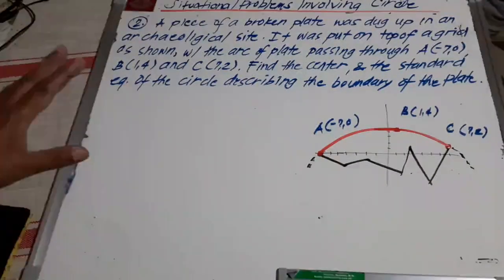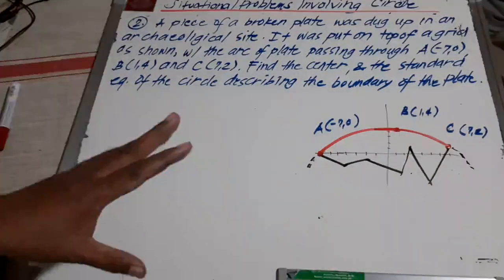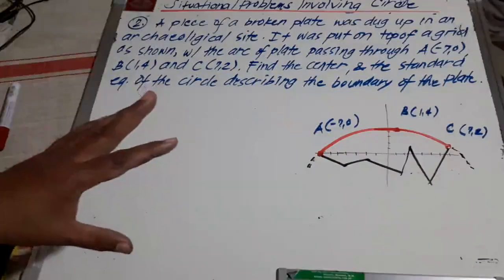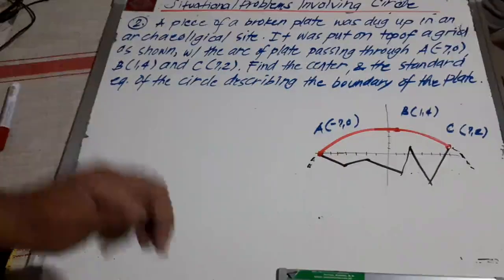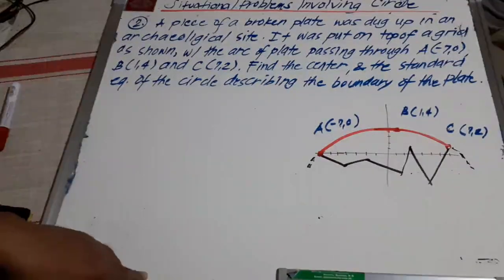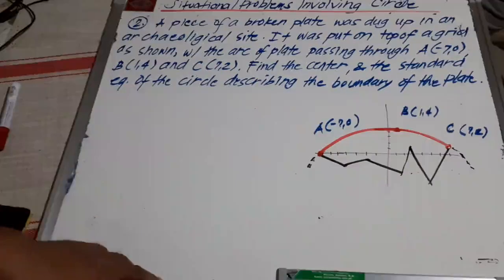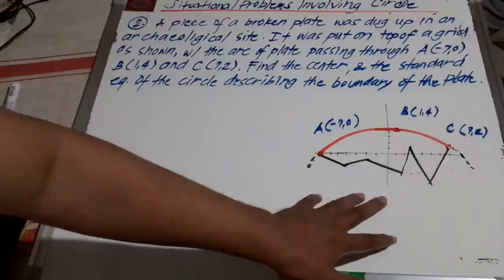What we're going to do is we're going to apply the equation of a circle with center at (h, k), or using the general equation of a circle to solve for the center and length of the radius of this plate.